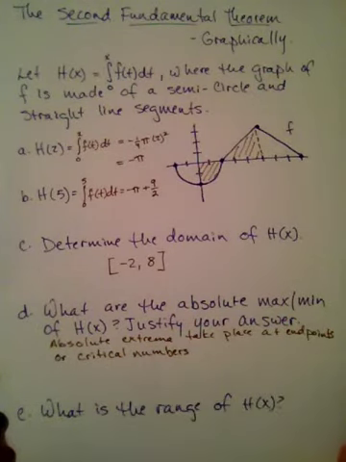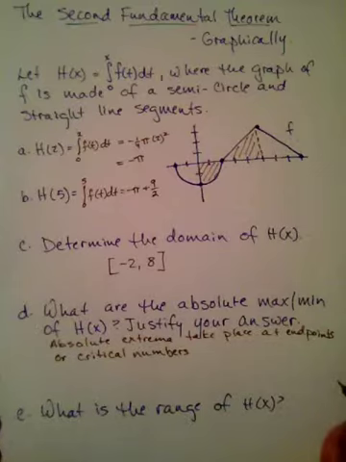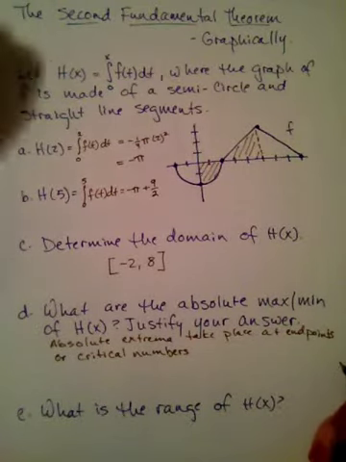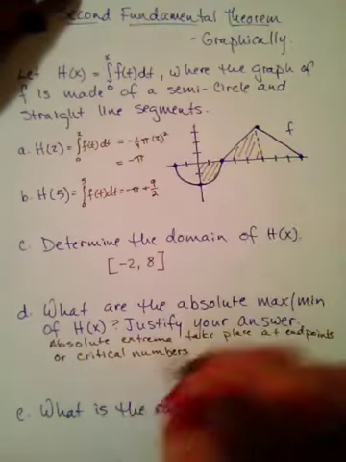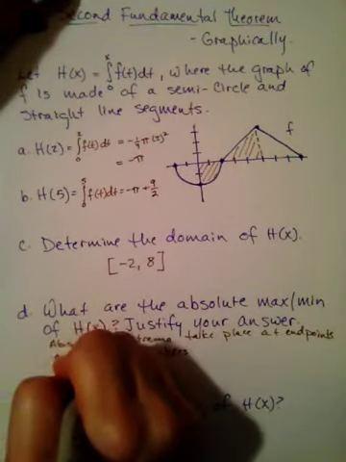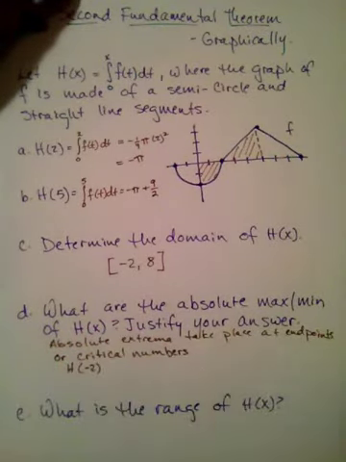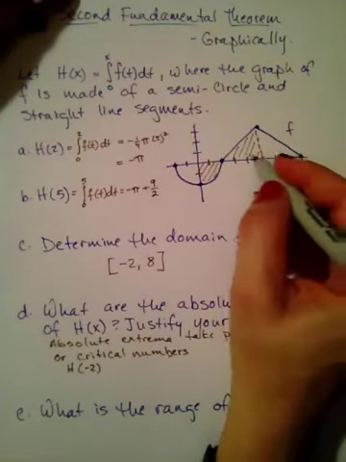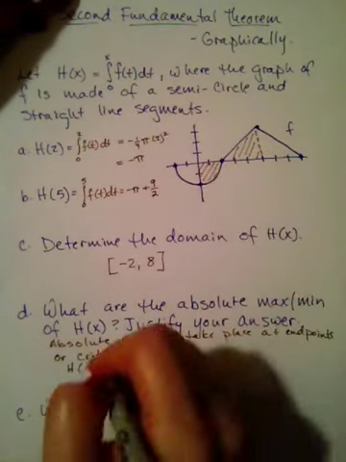I already know what my endpoints are. So I know that I'm going to have to find several values here. And one of the values I'm going to have to find is negative 2. I'm going to have to find h of negative 2. I'm going to have to find h of 8, I believe it is.